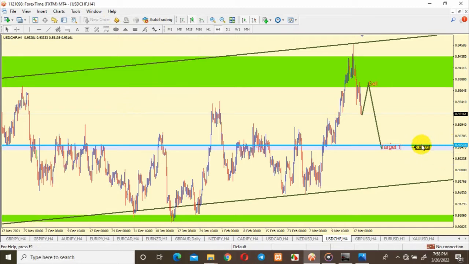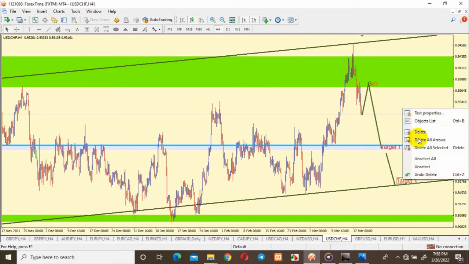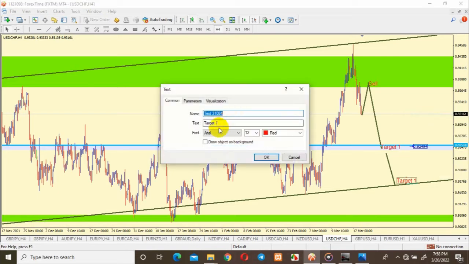So around 0.9249. Okay. Then furthermore, target this trend line, which is target 2. So our target 2 should be somewhere here. And that should be our second target.